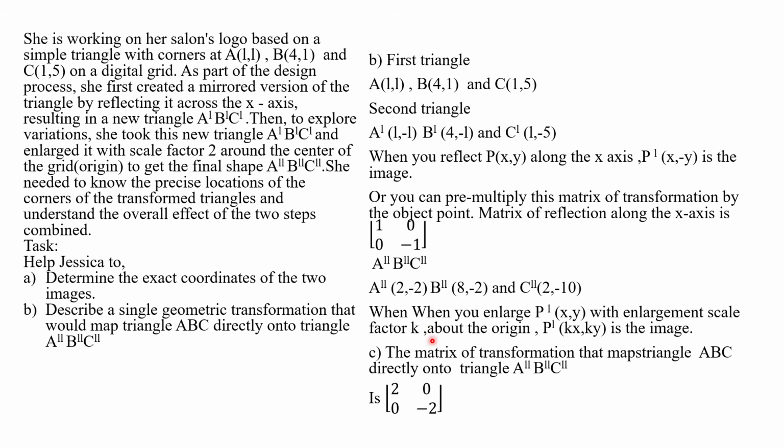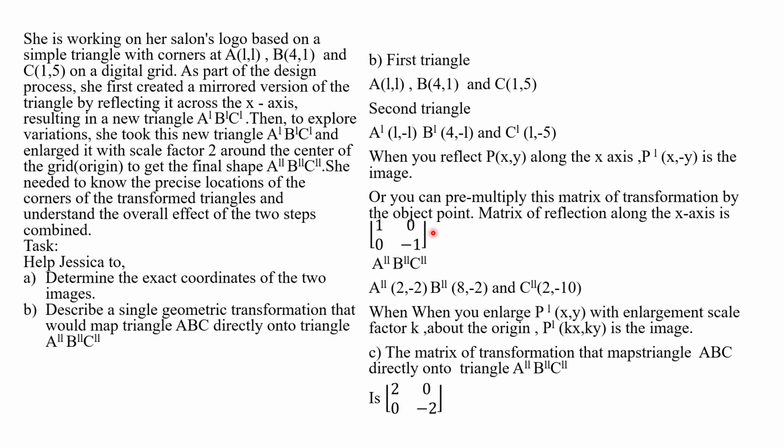So now here they are asking, describe a single geometric transformation that would map triangle ABC directly onto the final triangle, that is A double prime, B double prime, and C double prime.